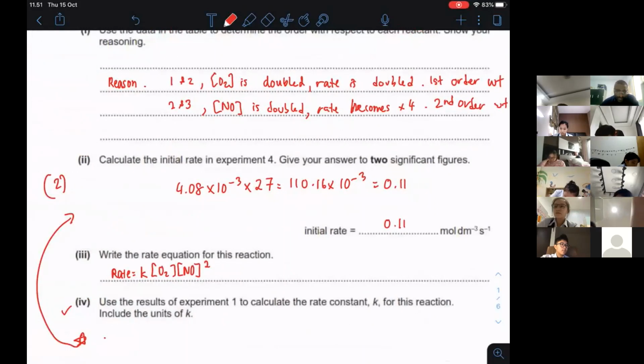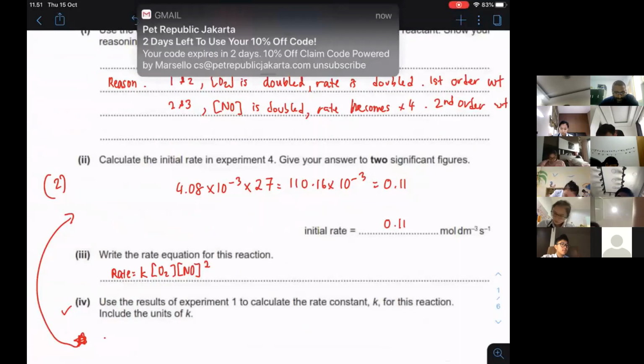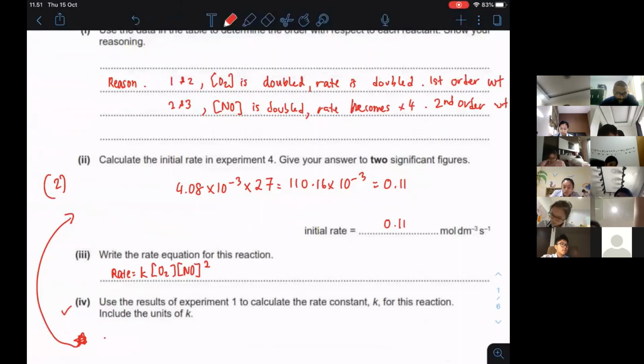But if you calculate the K and put the K in, I'm not sure whether the examiner will give you the mark. If I mark this, if I have already deducted 1 mark here, I will not deduct here. But some examiners are very stingy with the marks. They deduct here, they deduct here.